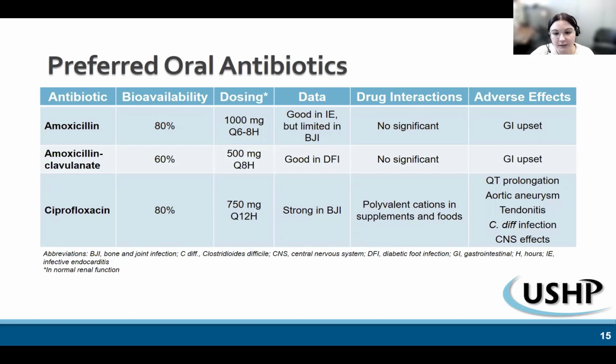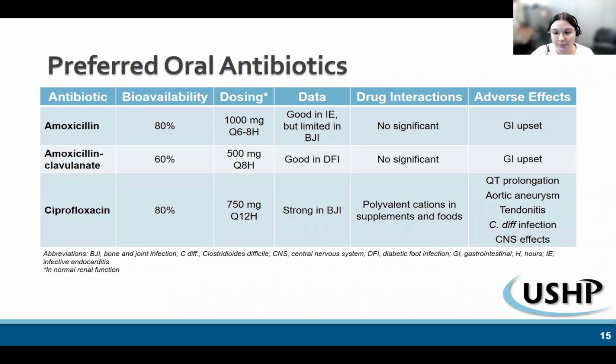Frequent dosing, as you can see here, at least 3 times daily. Amoxicillin does have good data in infective endocarditis, while amoxicillin clavulanate has data in diabetic foot infections. There are no significant drug interactions with these two drugs, and the most common adverse effect is stomach upset with amoxicillin and other penicillins, which can usually be mitigated by taking with food.